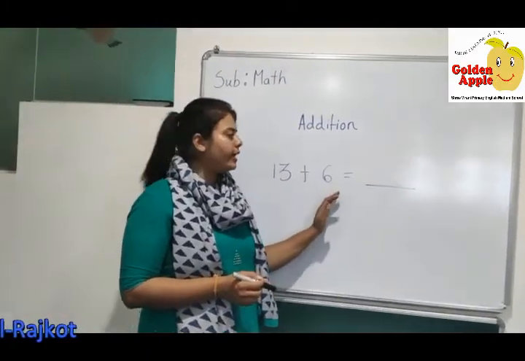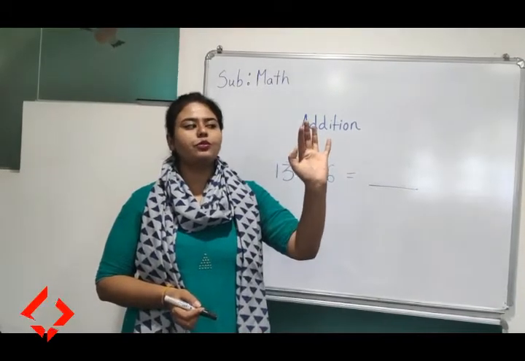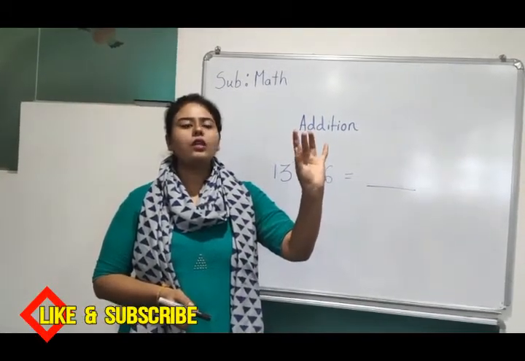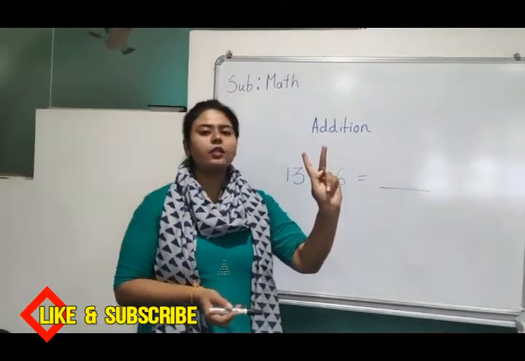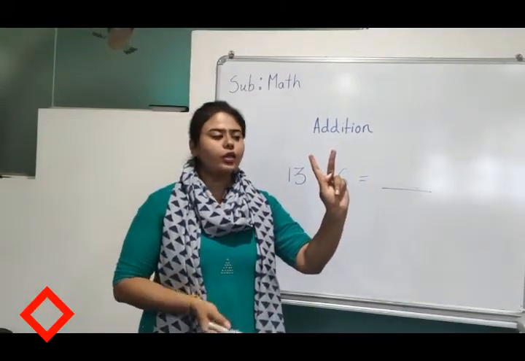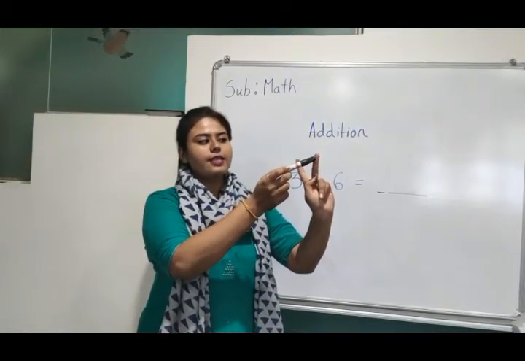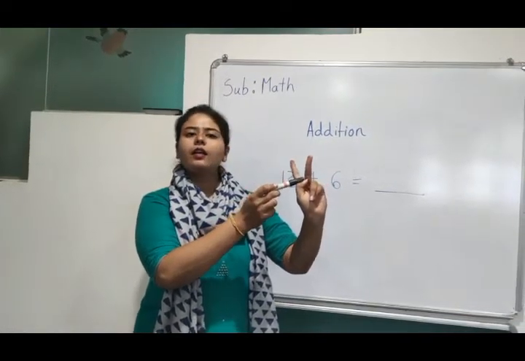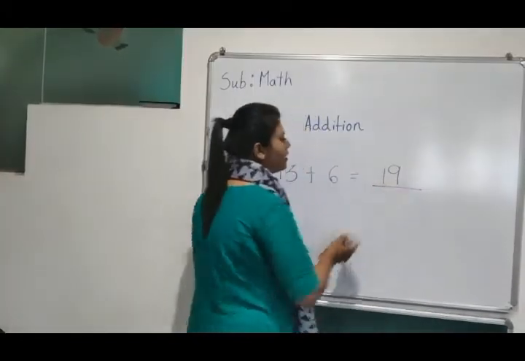I will count 6 directly. So there is a 6. 1, 2, 3, 4, 5, 6. So after 13, which number will come? After 13 comes 14, 15, 16, 17, 18, 19. So our answer is 19.